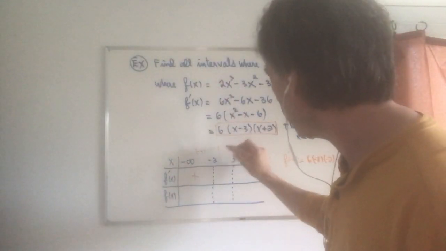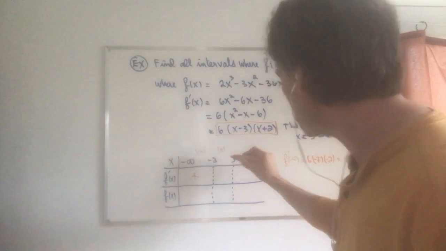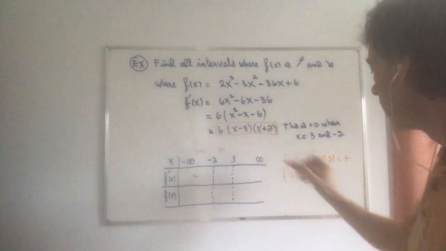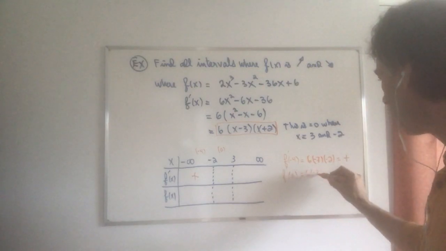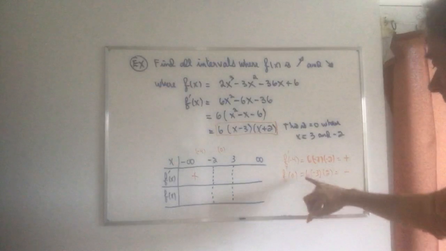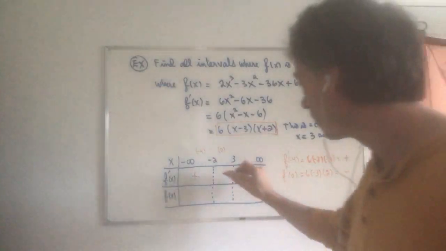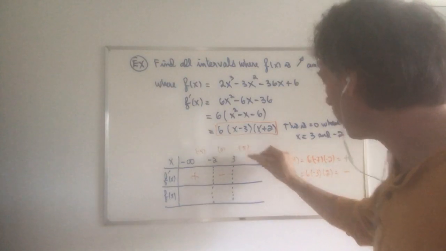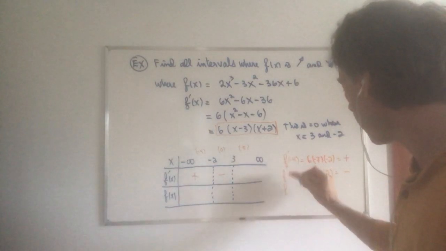Let's pick a number between minus 2 and 3. Let us pick 0. So f prime of 0: 6 times (0 minus 3) times (0 plus 2). A positive, a negative, a positive. Finally, pick a number between 3 and infinity. Why don't we take 5?